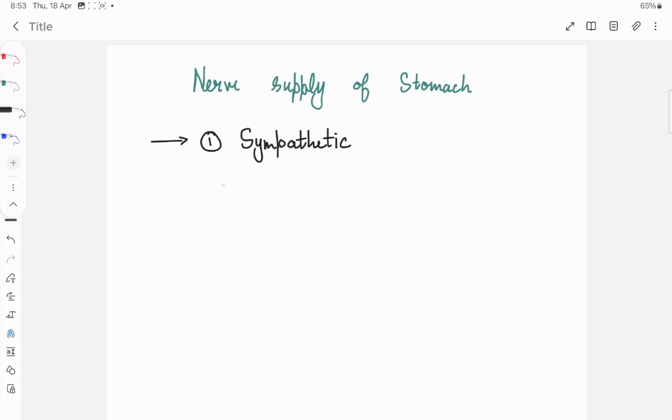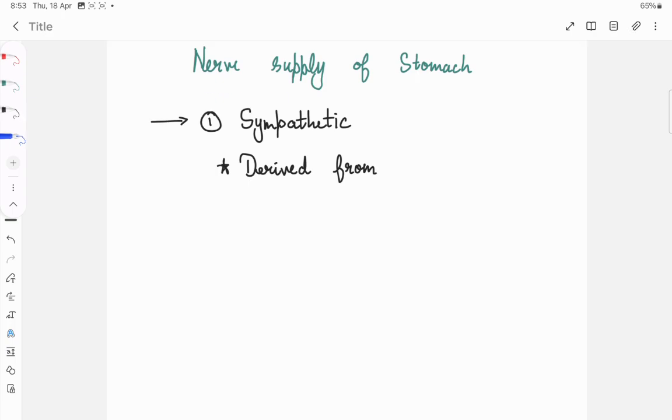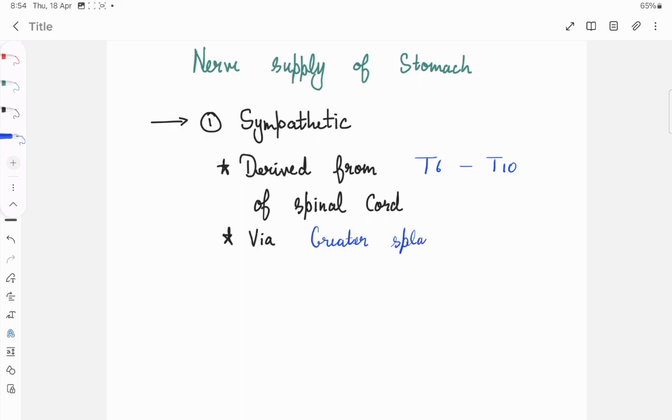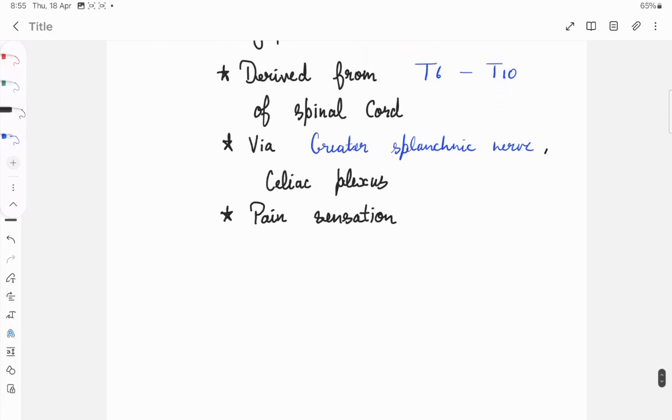It is derived from T6 to T10 of the spinal cord, and this supply is via the greater splanchnic nerve, also the celiac plexus, and it is responsible for the pain sensation.